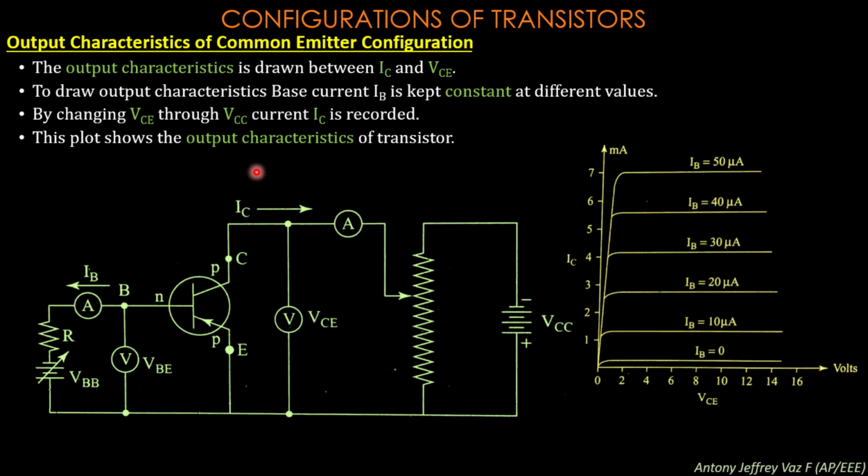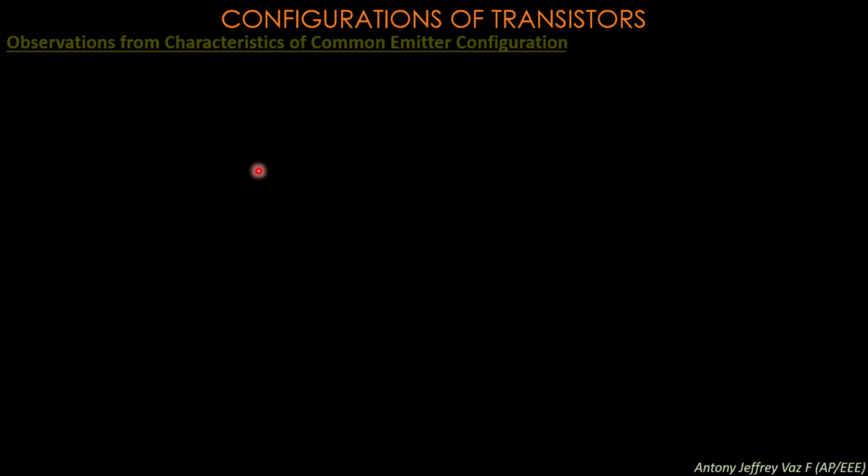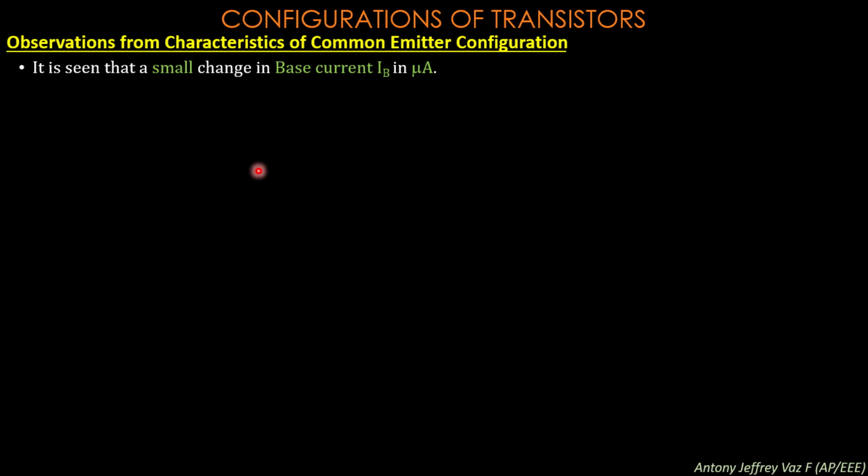This plot shows the output characteristics of the transistors. Next, from the observation of the characteristics of common emitter configuration, it is seen that a small change in base current IB in microamps has a large change in collector emitter current ICE in milliamps.